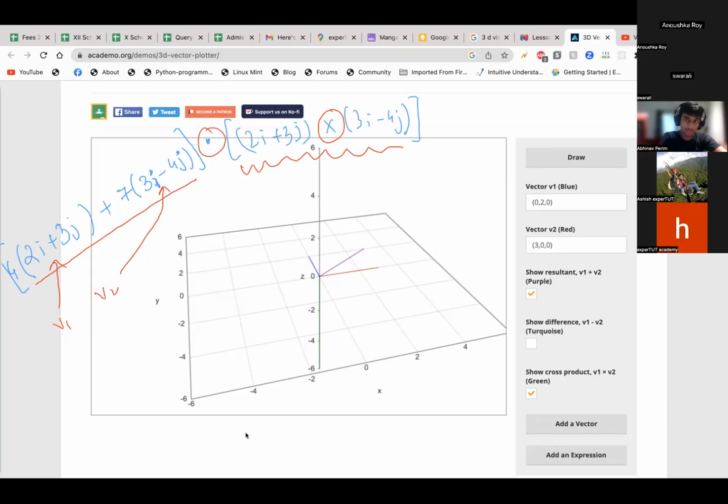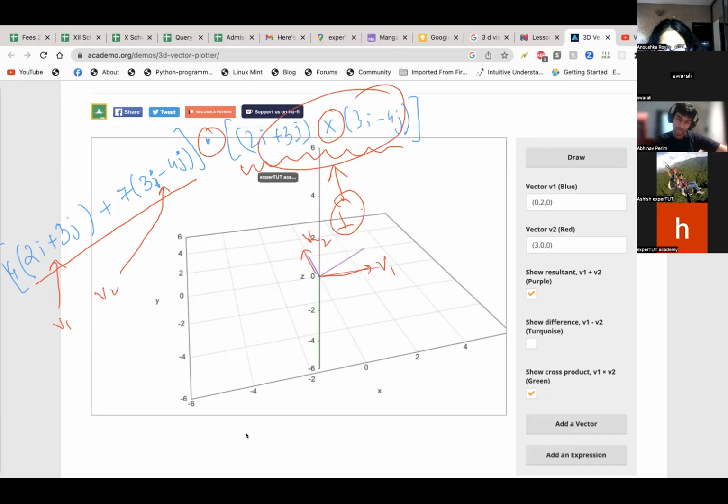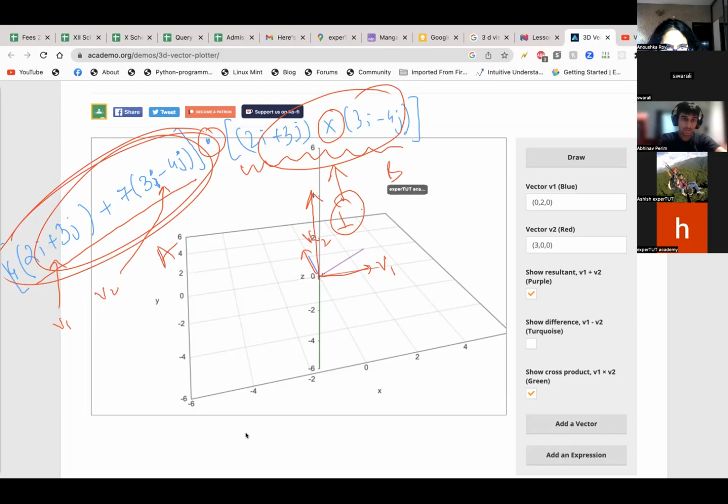So this second vector is perpendicular to both. If this is v1 and this is v2, which direction is this vector going? It is going perpendicular, right? If this is perpendicular to any vector in the plane, what is the angle between vector A and vector B? 90, right?